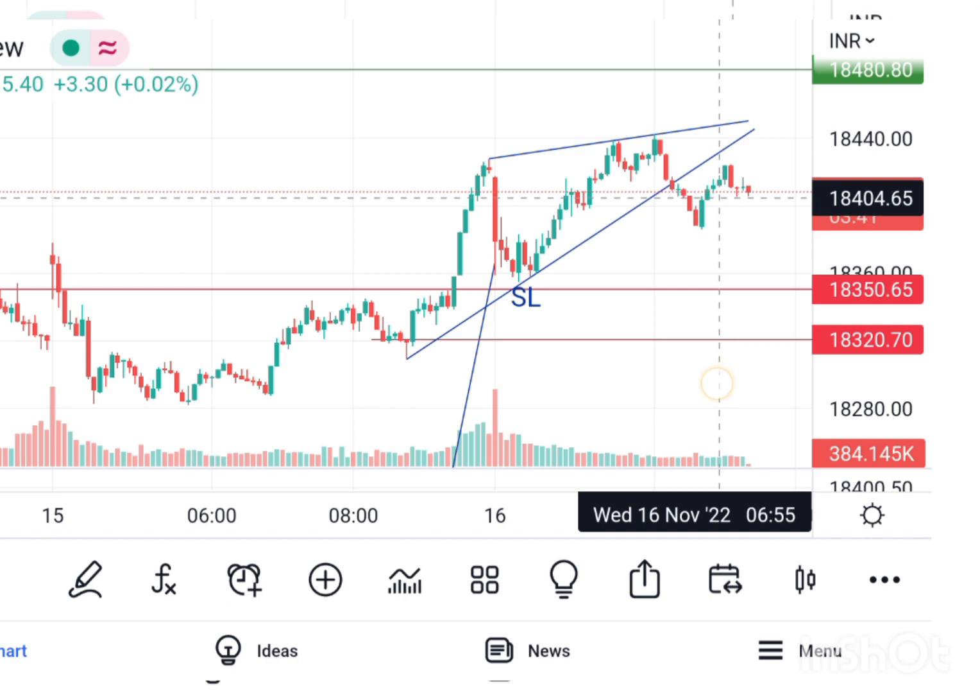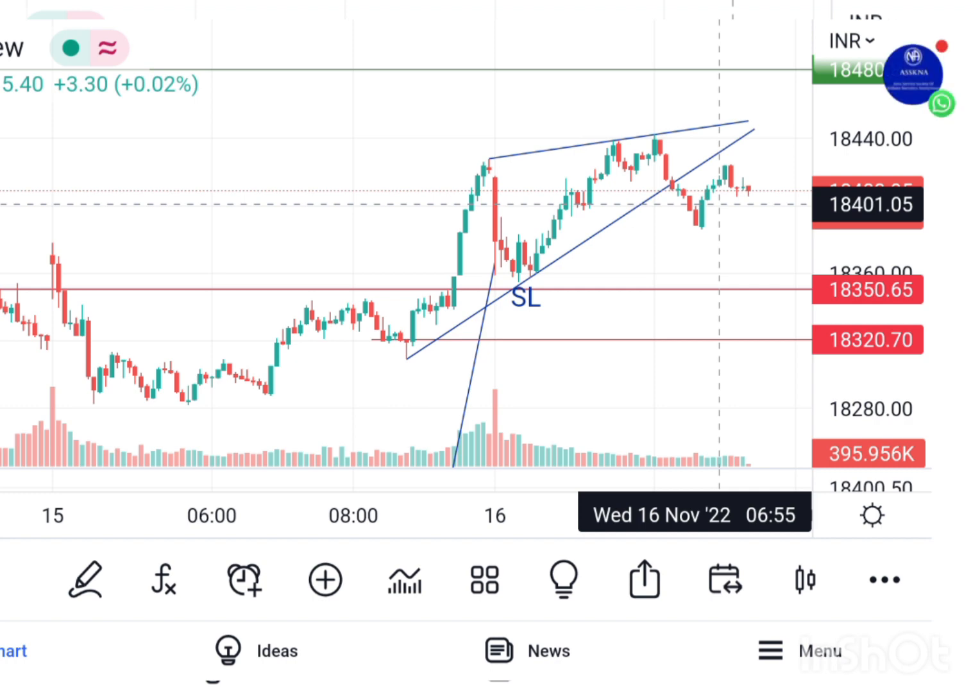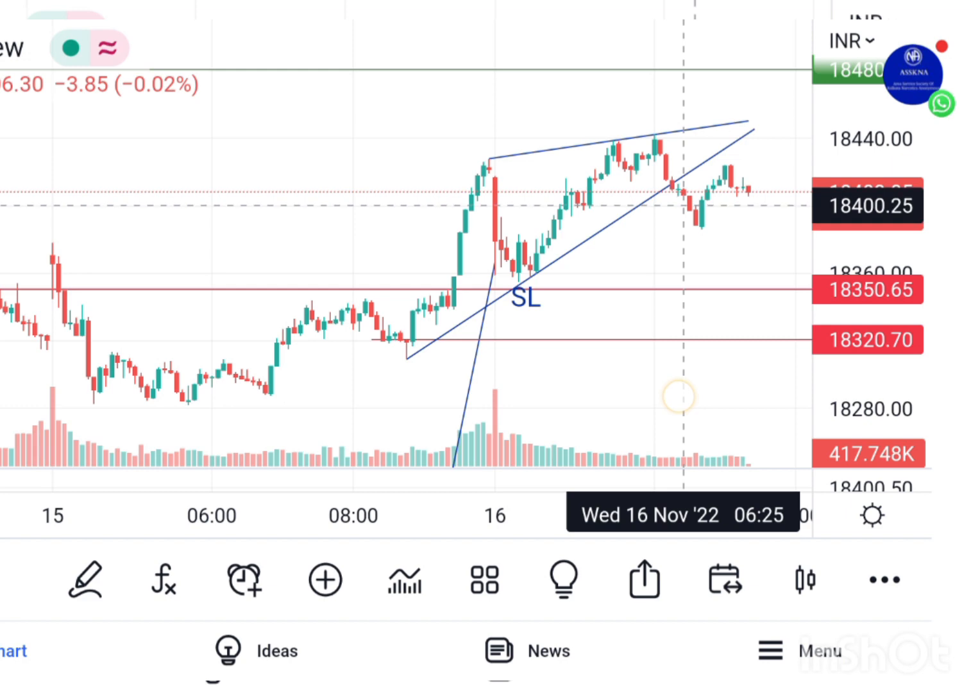The reason I held on to the trade was the option chain. There are a lot of put writers. A lot of support is at 18,400, and a lot of call writers are at 18,400, 18,500.